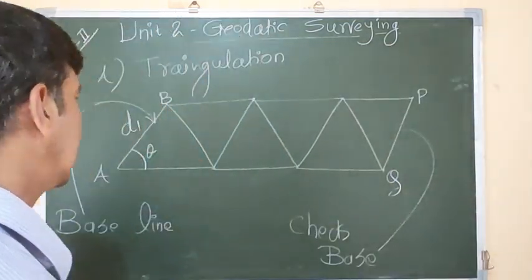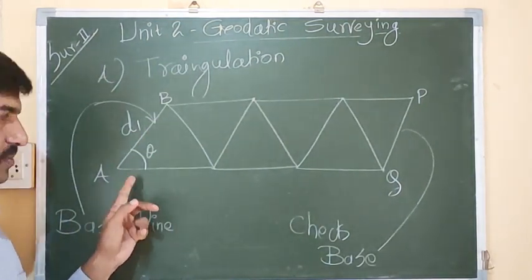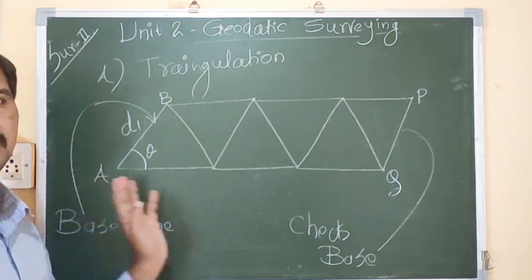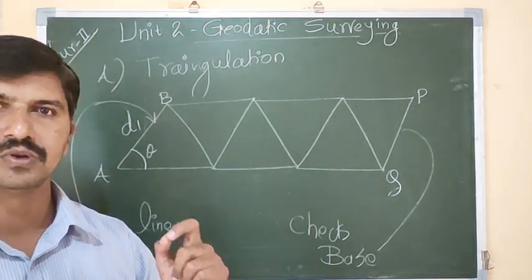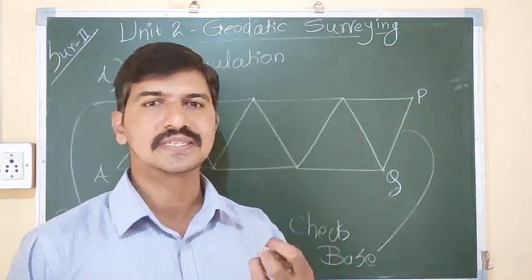So in this case also, we have measured AB, the starting point, and we have measured the angle. The remaining sides we are not going to measure because we calculate them by using the sine rule.